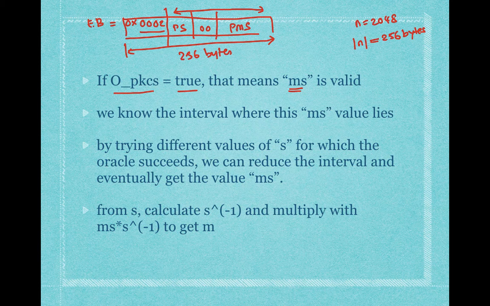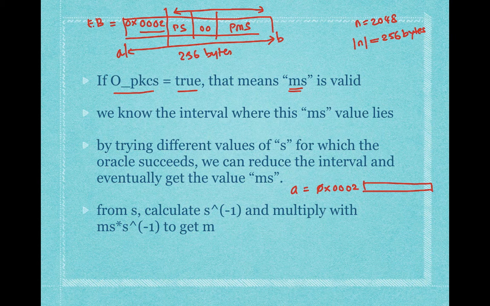So if I write it in hexadecimal, this is your initial interval. It can be greater than or equal to A and less than or equal to B. The A value here is starting with hexadecimal 0002 followed by something which you don't know.